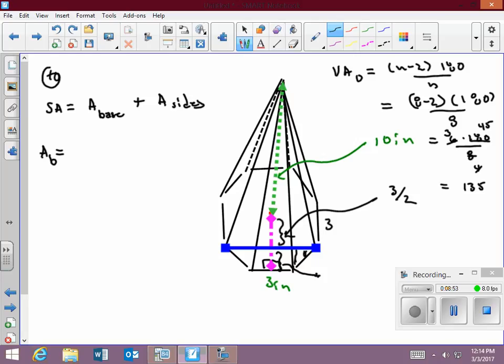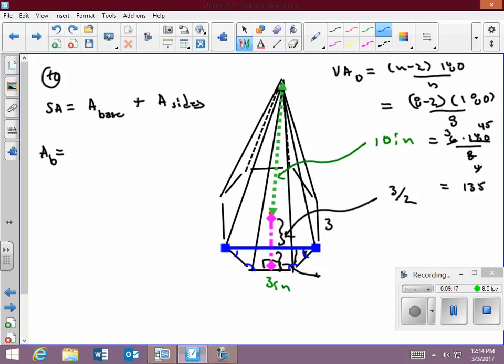So this angle right here and this angle right here in this trapezoid measure 270 together.